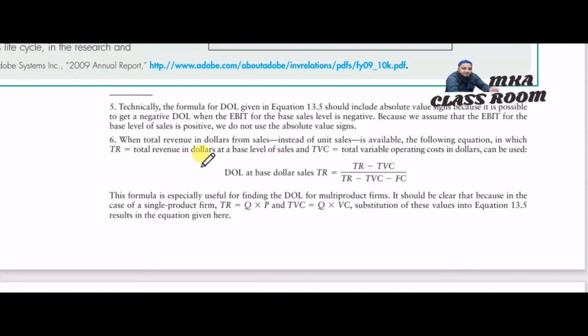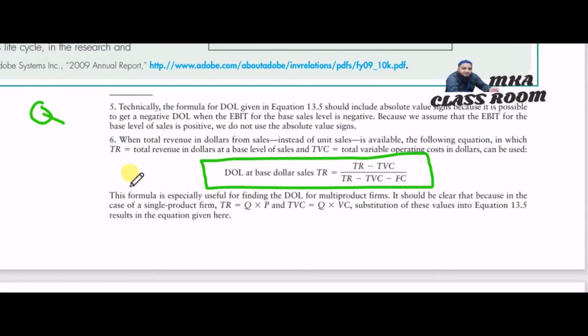Here we have to remember that previously we calculated DOL at sales level in quantity. Here it is the sales level in dollar or taka, which is very easy, because total revenue we can find as Q into P. So that is very easy. That means we have to convert our formula to the dollar amount.